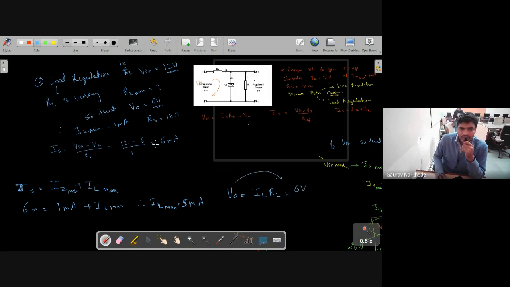So can I write like this? If IL is maximum, RL will be minimum. So RL minimum is 6 volts divided by 5 milliampere, correct?